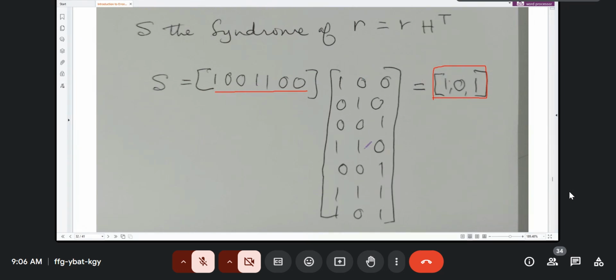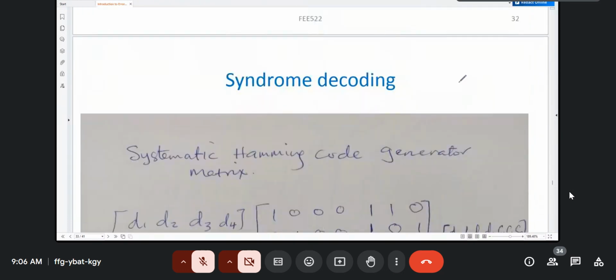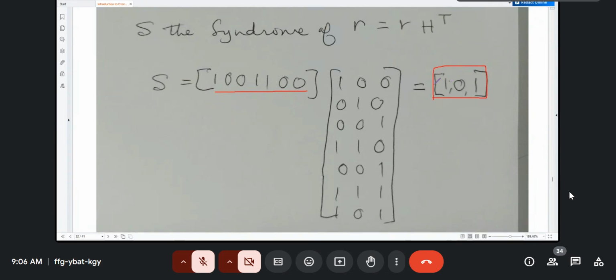You can do the math, and you're going to get this. Now, this is very important because this one tells us something. We can use it to decode, to know where the error was.